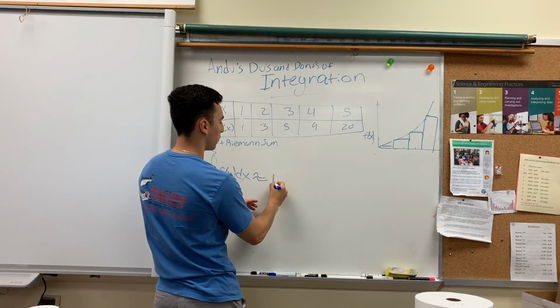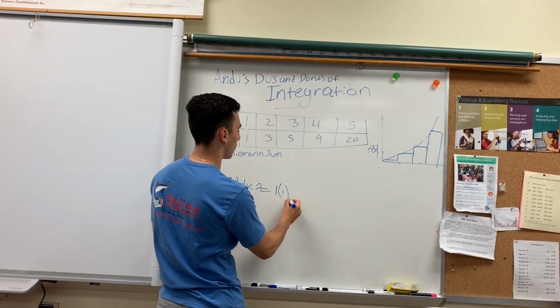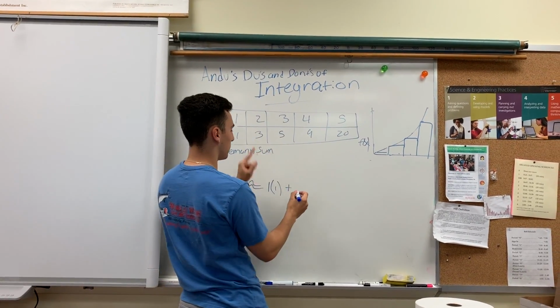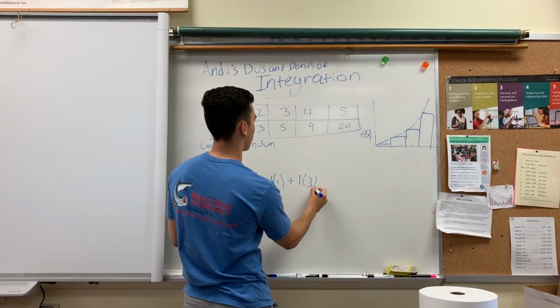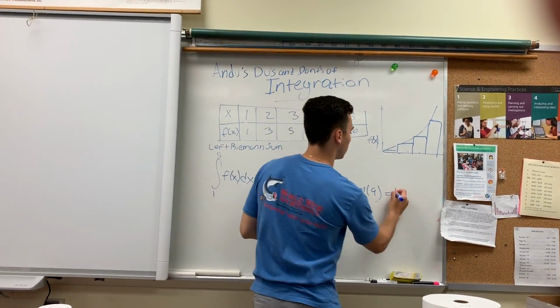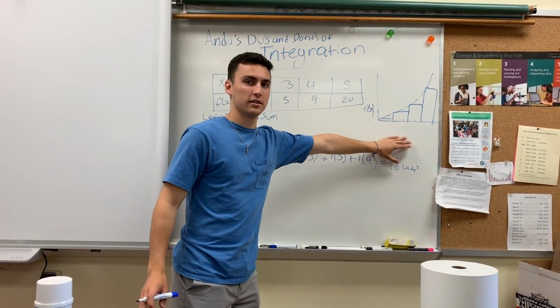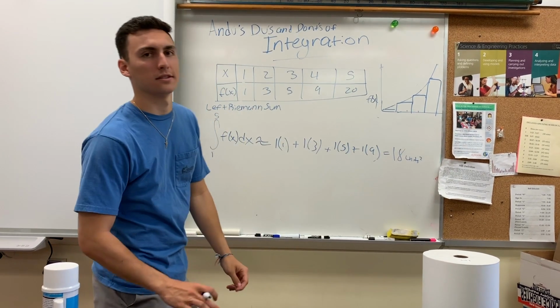So you have the width times the leftmost height, times 1, plus your next width times this height, so 1 times 3, and so on. Right? So that is the approximation for this graph of f of x.